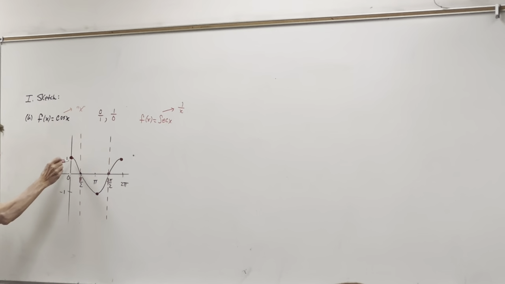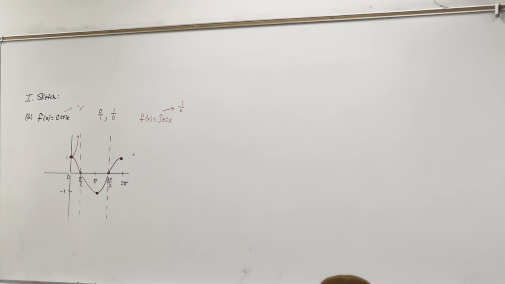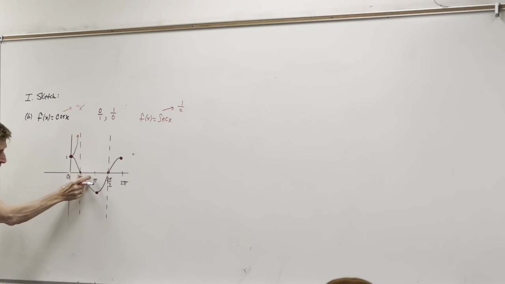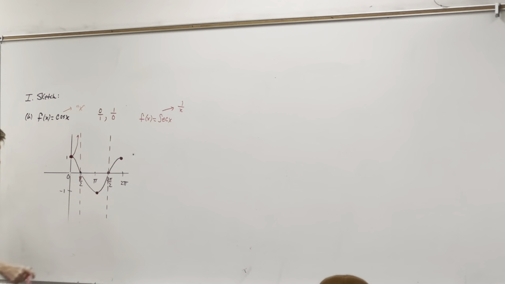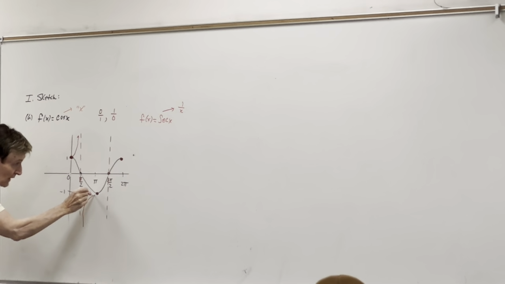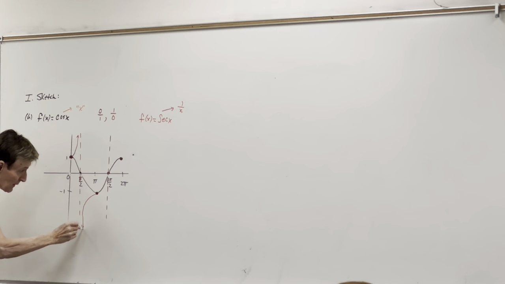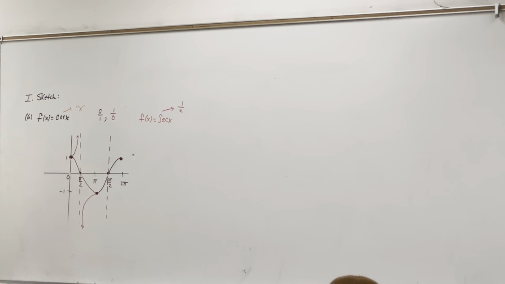You think it's going up like this? Now, quadrant 2 here. Okay, you think it's down here? And follows that asymptote and finally comes over and picks that up. Do we agree?